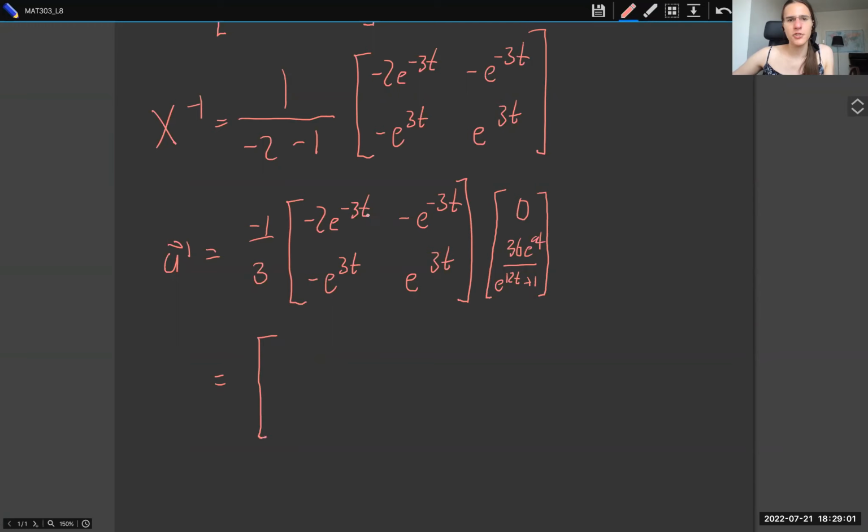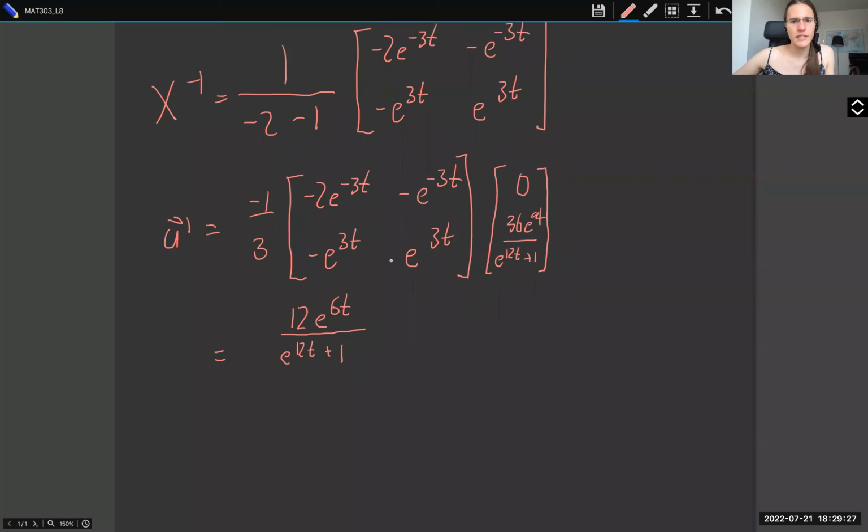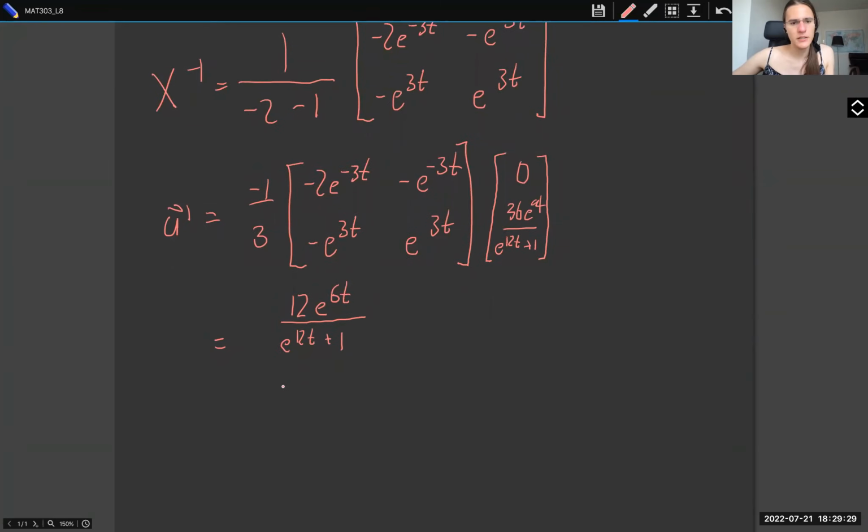So overall, these two negative signs cancel out and the 36 becomes a 12. And then there's 9t minus 3t. So it's going to be 12e to the 6t over e to the 12t plus 1. And here, what we're going to have is minus 12t. Minus 12. Then 9 plus 3 is 12.